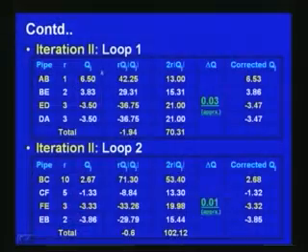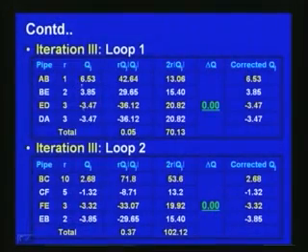For iteration number 3, again the corrected QJ from iteration number 2 is used. These are the corrected QJ: 6.53 through pipe AB, pipe BE 3.85 obtained from here, then pipe CD minus 3.47, pipe DA minus 3.47. In a very similar way we can find RQJ modulus QJ and 2RQJ and sum it up.